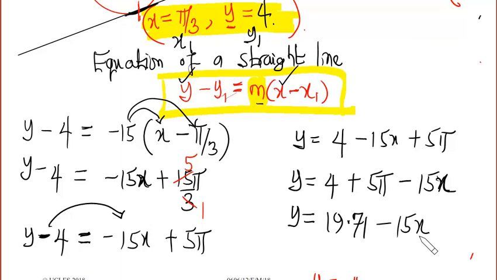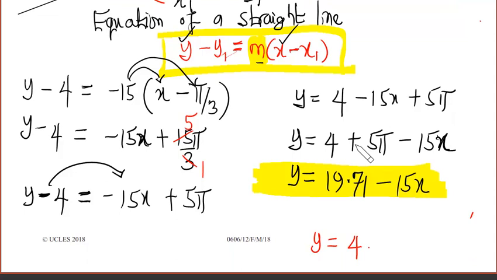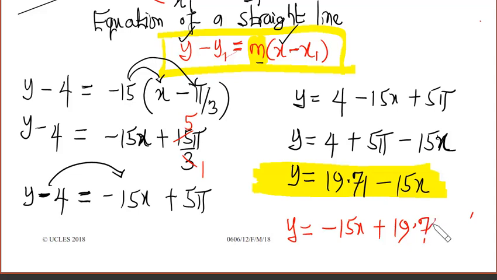And this is the required equation of tangent. Final answer, y equals 19.71 minus 15x. Or you can write it in the standard equation of the straight line to look like y equals mx plus c. We can decide to write y equals negative 15x plus 19.71. And this is the required solution.